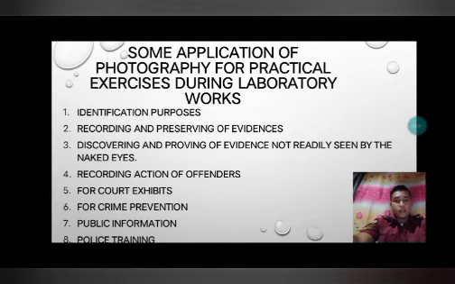Number 4, recording action of offenders. What is recording action of offenders? It is documenting unlawful behavior, and if the offender heeds the warning, the police take no further action. So that's the recording action of offenders.